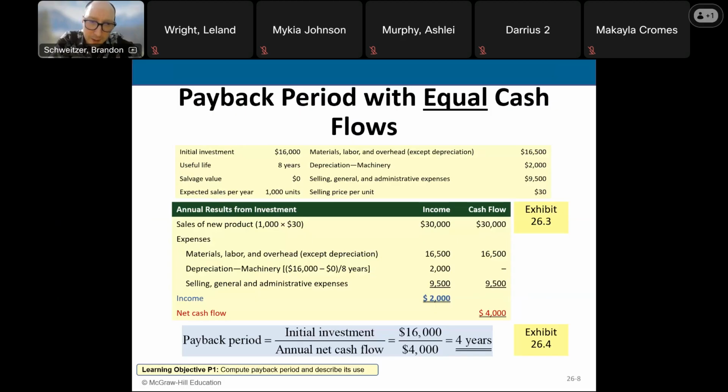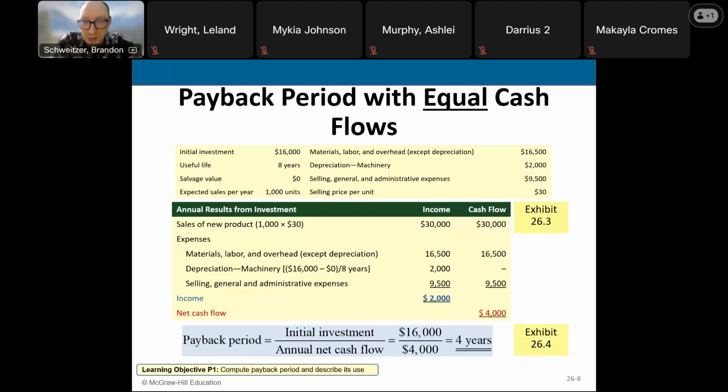Sales minus our expenses gives us net income. Okay, in this example, our net income is 2,000, but I'm not worried about net income. I'm worried about the cash flow. The cash. Remember, depreciation is not the same as cash. We don't actually pay cash for depreciation.